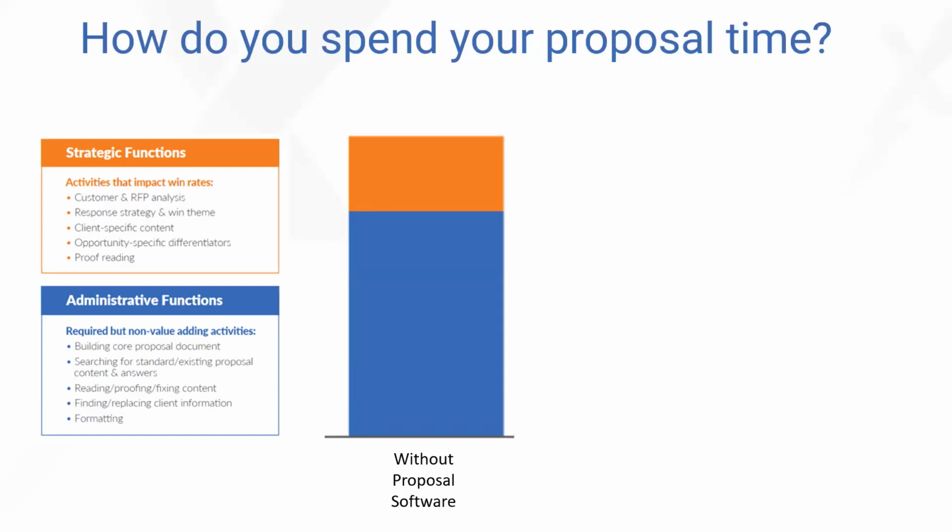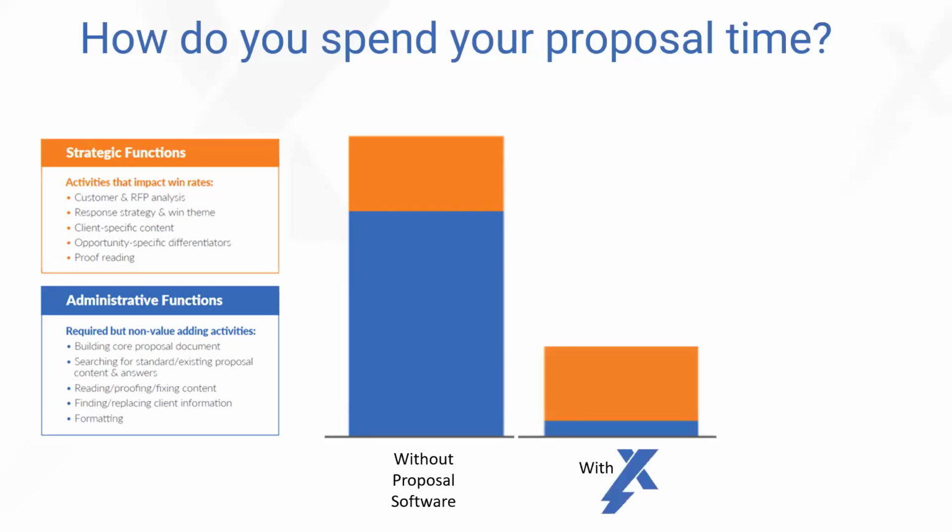So the first thing I like to talk about when we're talking about a business case is to really analyze and think about the time that you're spending on your proposals, and how you would evaluate that total level of effort and where that level of effort falls.